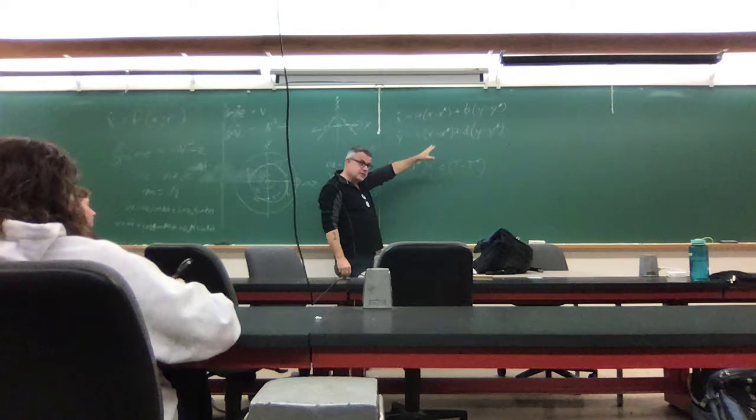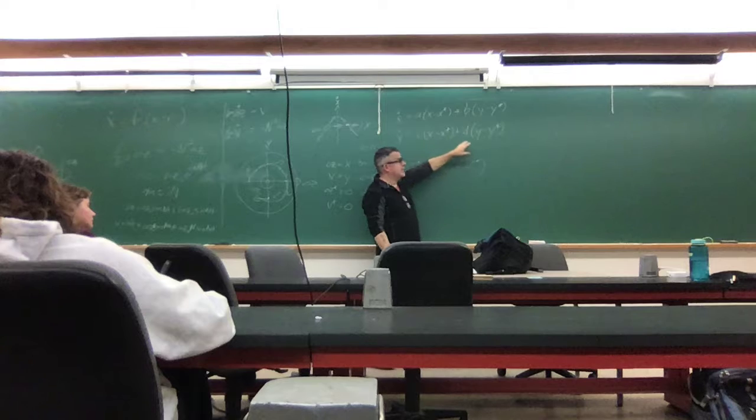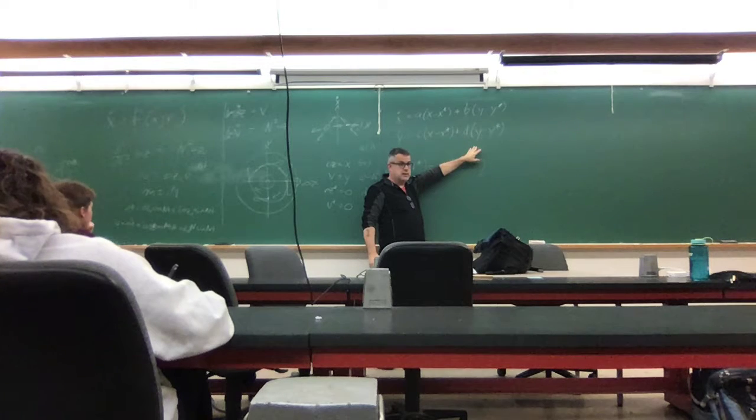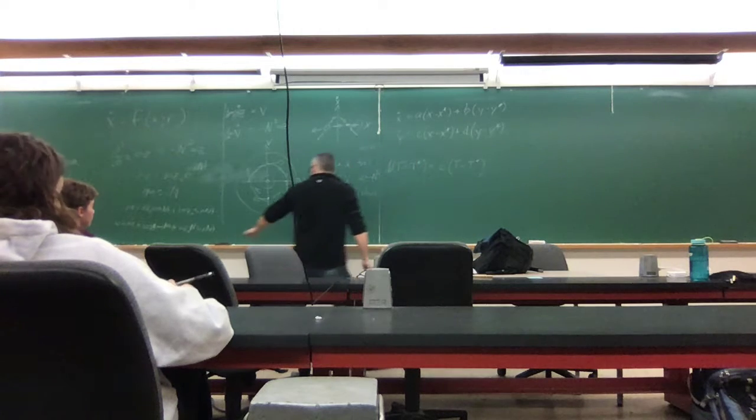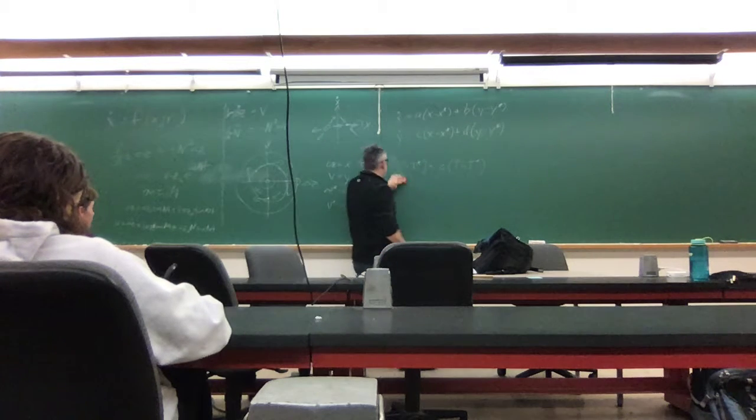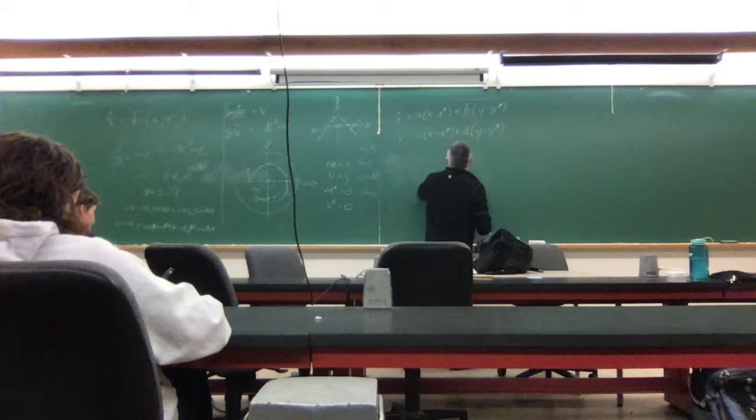If we'd done any Taylor series around a fixed point, we always would have gotten this. Right? And this looks an awful lot like our multivariate Taylor series because it is our multivariate Taylor series.